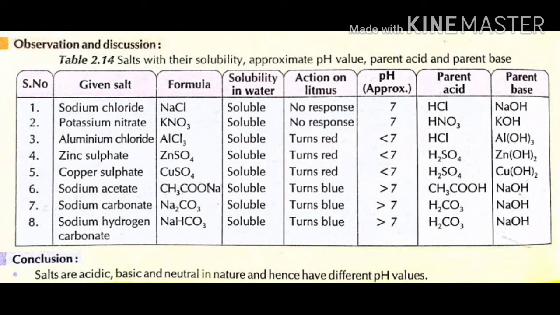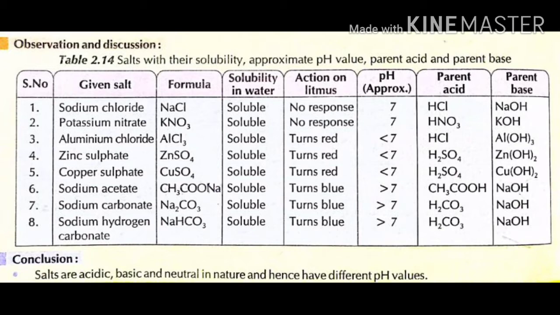Next one, sodium acetate, formula CH3COONa, soluble in water. It turns red litmus to blue, so it is basic in nature, so the pH will be above 7. Parent acid CH3COOH and parent base NaOH. Next one, sodium carbonate, formula Na2CO3, soluble in water.